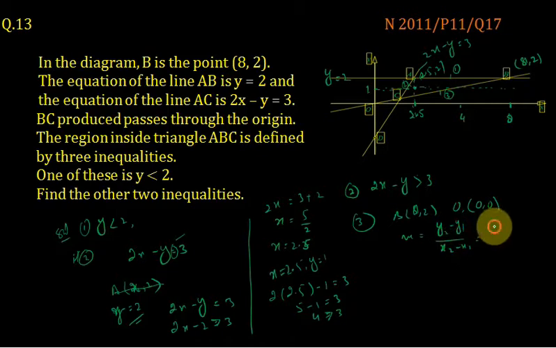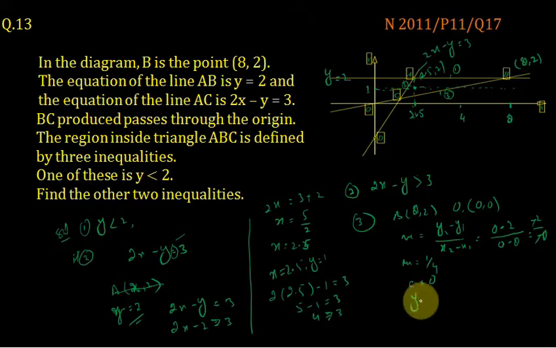So, it becomes 0 minus 2 upon 0 minus 8, which is minus 2 upon minus 8, so m is equal to 1 upon 4. The y-intercept c is equal to 0, because this line crosses the y axis at 0.